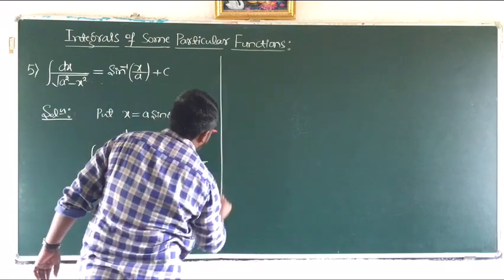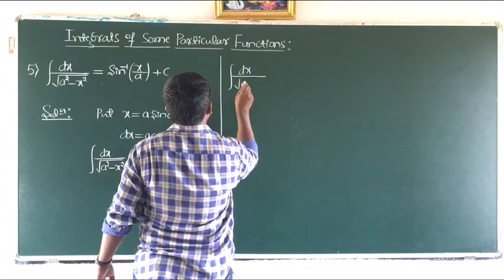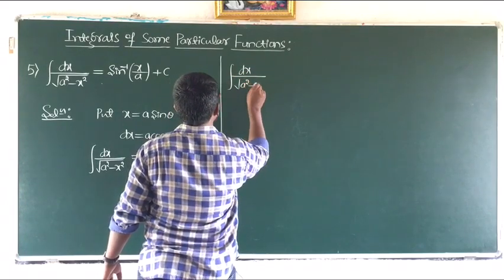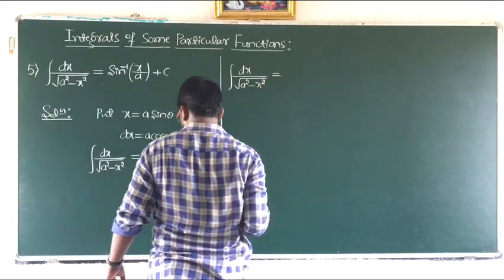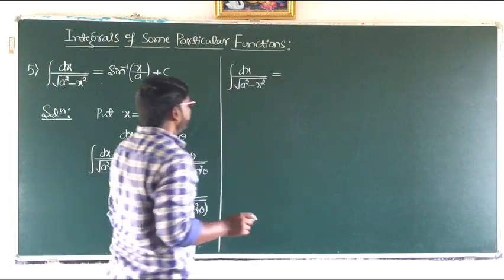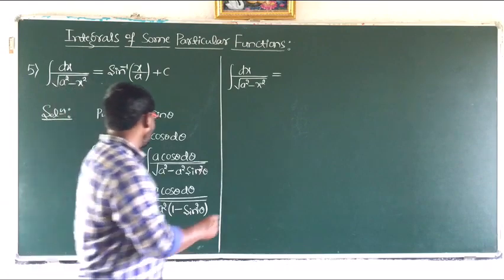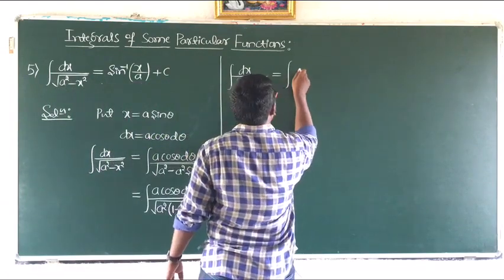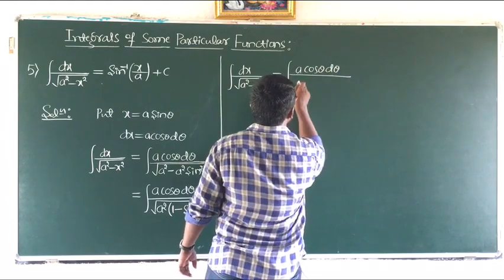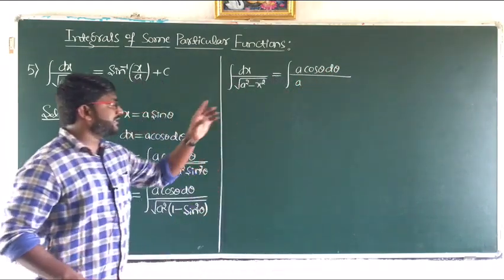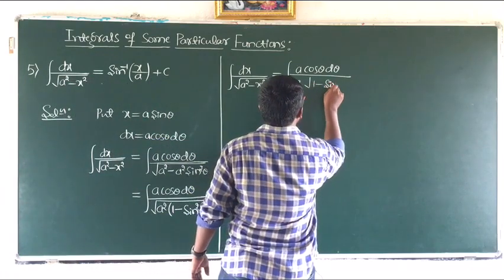Now in the next step, it is integral dx upon under root a square minus x square, which is equal to, so here I take a square outside this square root, it becomes a. So integral a cos theta d theta as it is, then we have 1 minus sine square theta.